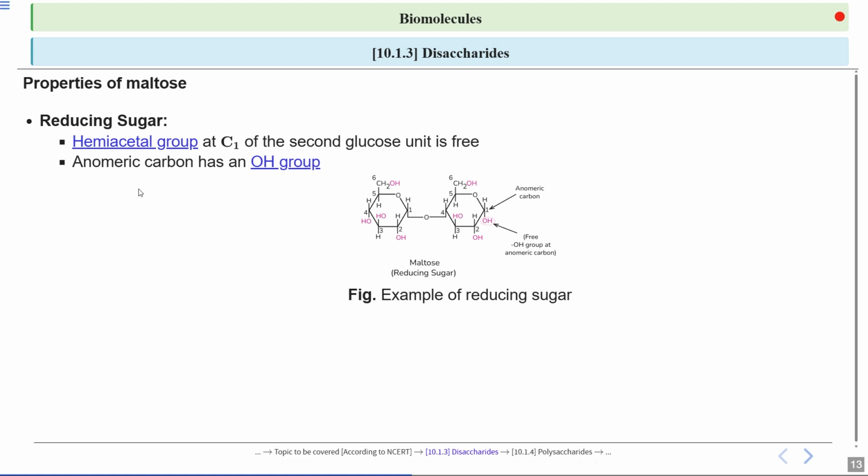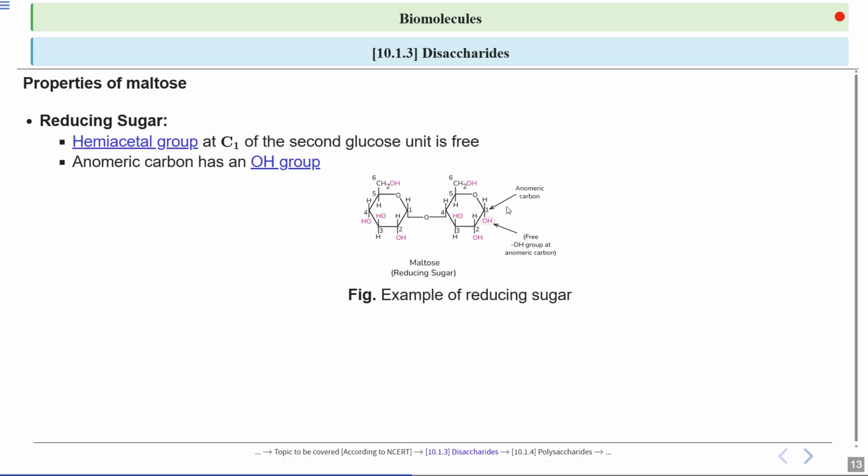The anomeric carbon has an OH group. At carbon 1 of the second glucose unit, we have a hemiacetal group. This carbon has one OH group and one OR group.